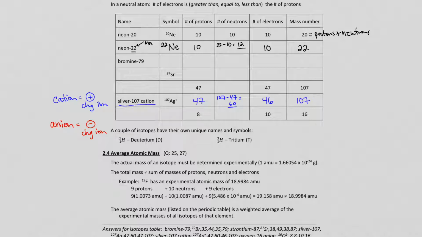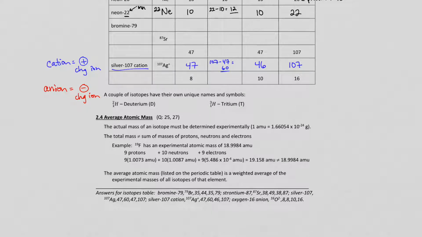Now, we have this thing called average atomic mass. We just talked about all these isotopes, and chemicals and atoms and molecules and ions exist in nature as isotopes. If you look on the periodic table, for example at oxygen, you can see that it's listed at 15.999 grams per mole.